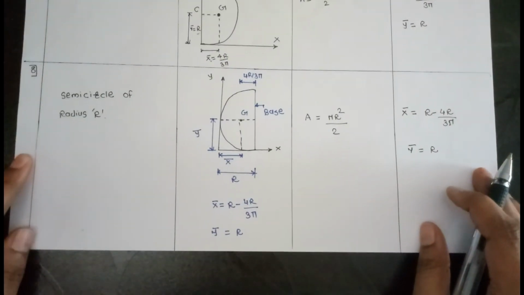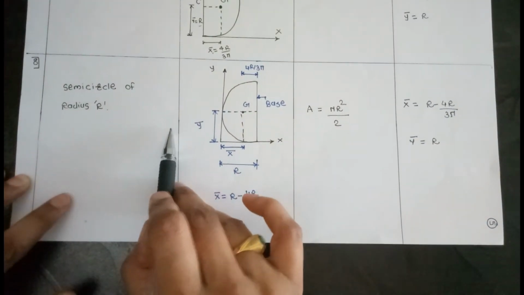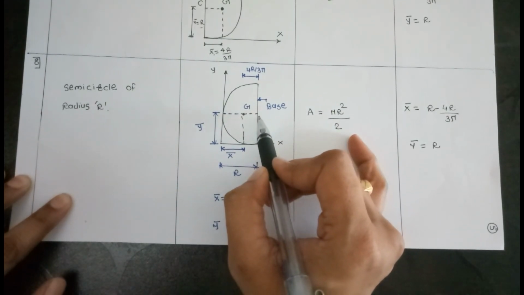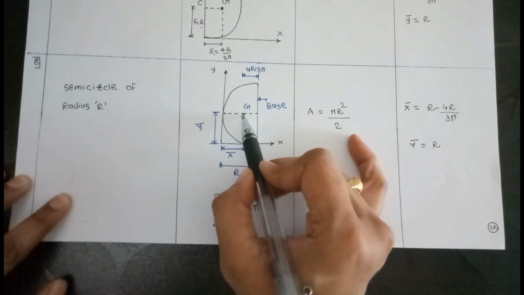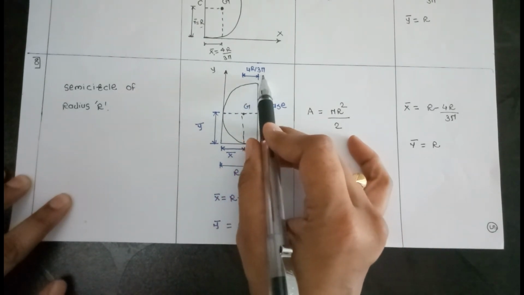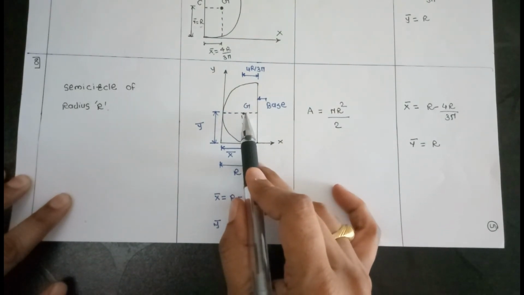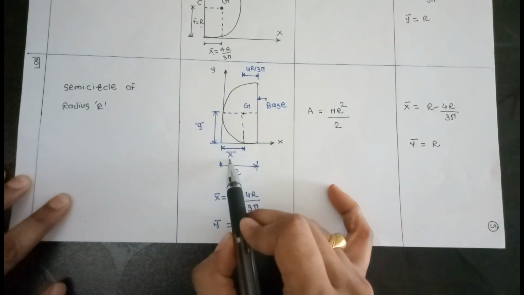Then next semicircle of radius r. This is the base of the semicircle. The distance between the base of the semicircle and the G point is 4r by 3 pi. The distance between the G point and the y axis base means x bar.